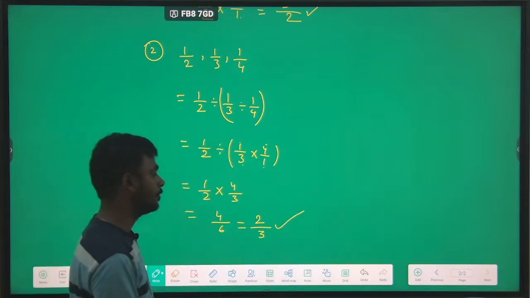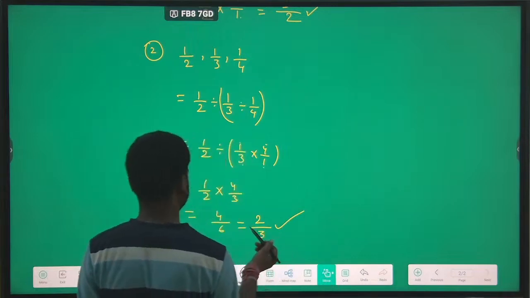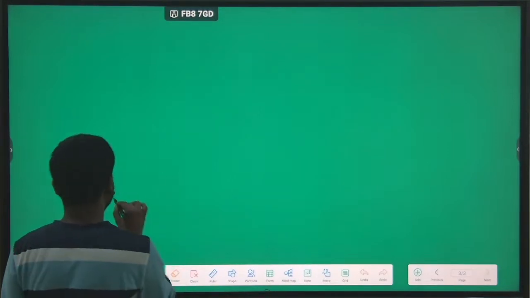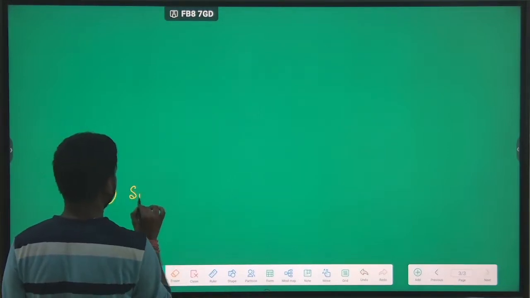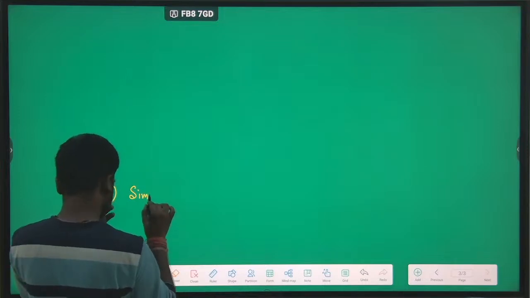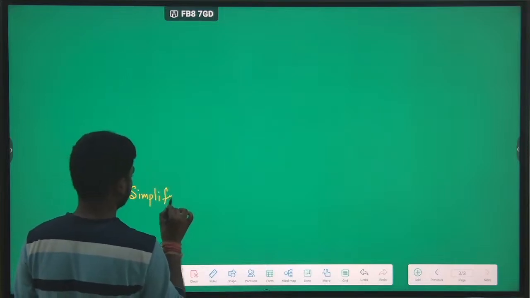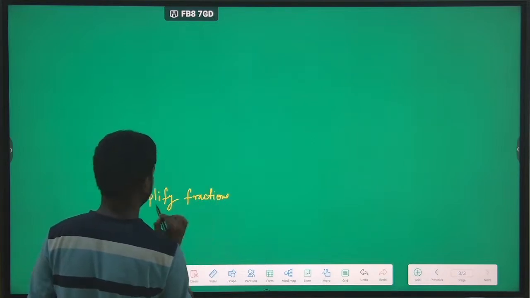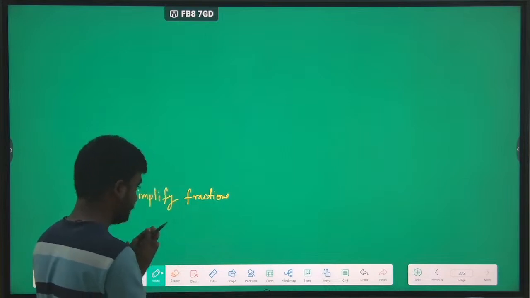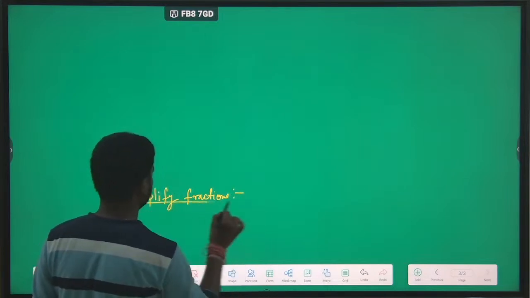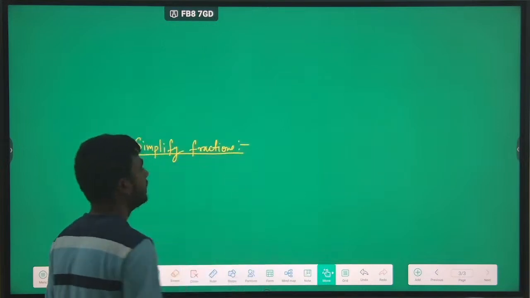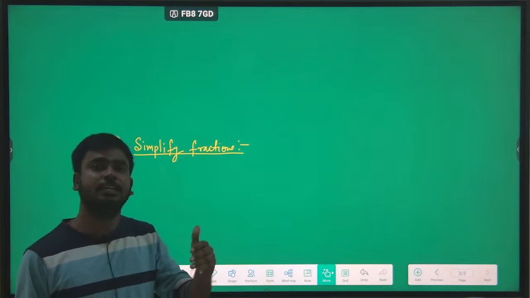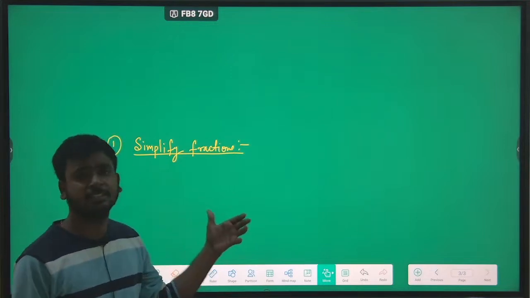Now let us suppose that we are given 5 fractions and we are asked to add, subtract, divide and multiply all the things in these fractions.